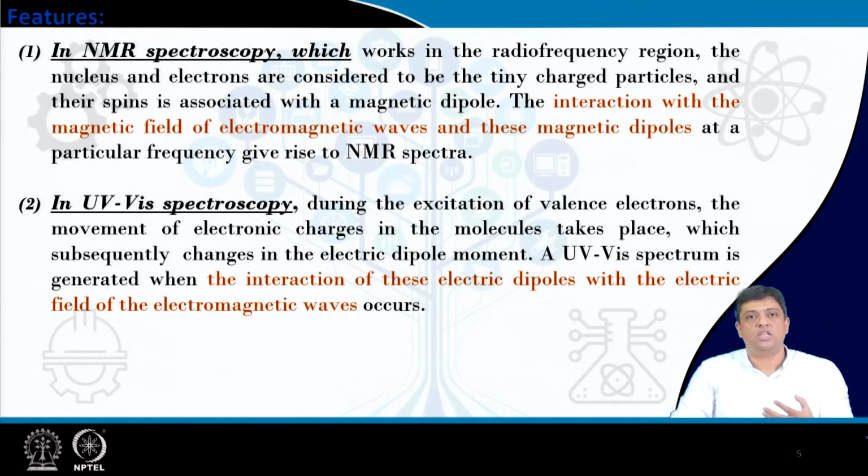So, NMR interaction is with the magnetic component, UV-Vis with the electric component. NMR works in the radio frequency region. The nucleus and the electrons are considered to be tiny charged particles, and their spin is associated with a magnetic dipole.